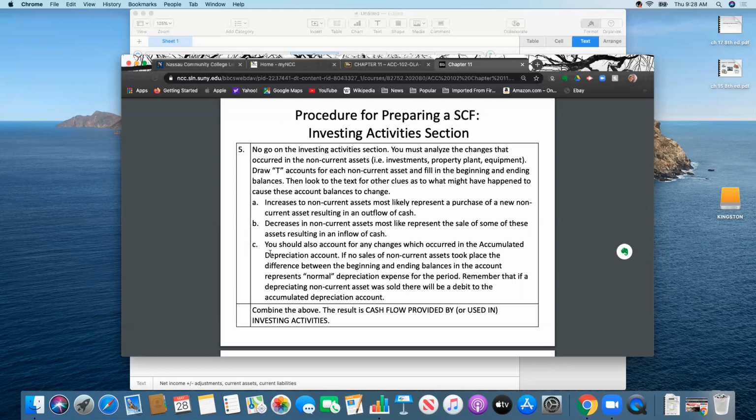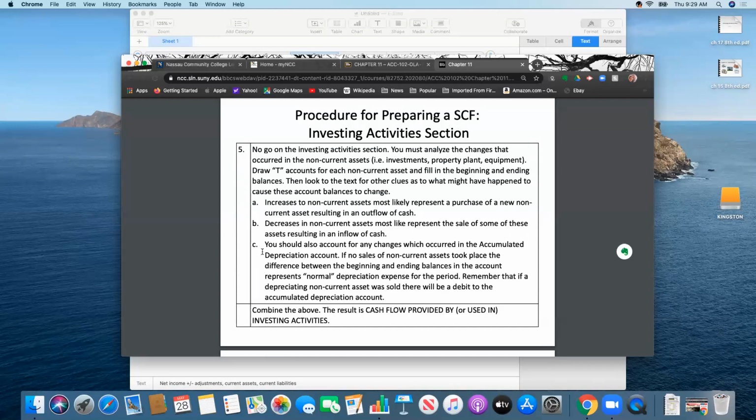And another thing to do, analyze the accumulated depreciation account. Now remember, accumulated depreciation is a contra asset, an asset account with a credit balance. Write in the beginning balance, write in the ending balance, and write in what the depreciation expense was. So if I take the beginning balance of accumulated depreciation and I add whatever depreciation expense was, I should get the ending balance.